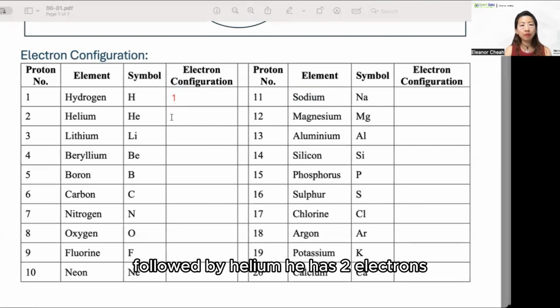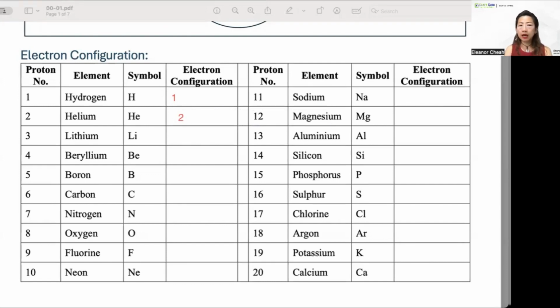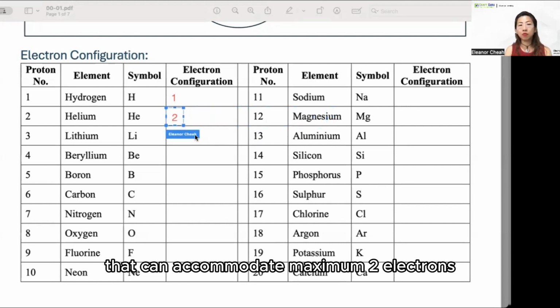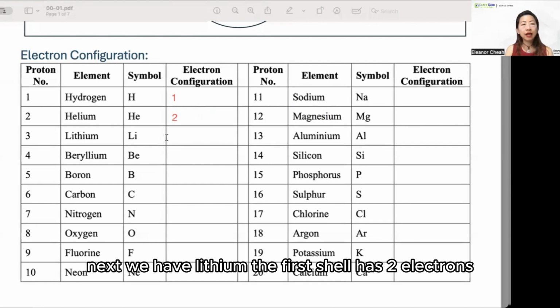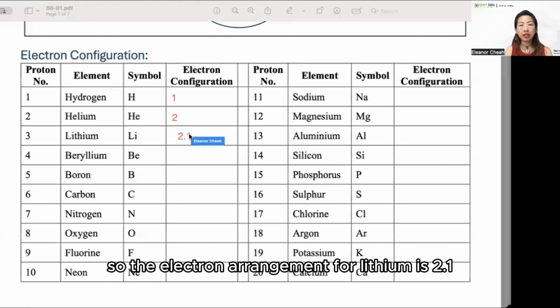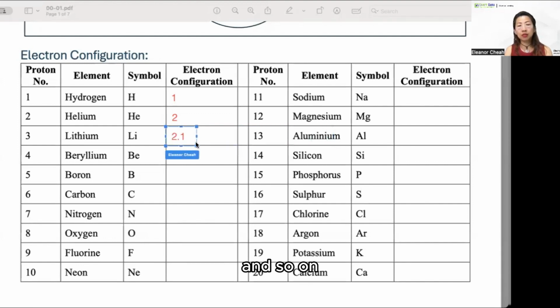Followed by helium, it has 2 electrons, and it is just nice to fit in the first shell that can accommodate maximum 2 electrons. Next, we have lithium. The first shell has 2 electrons. The second shell has 1 electron. So the electron arrangement for lithium is 2.1, and so on.